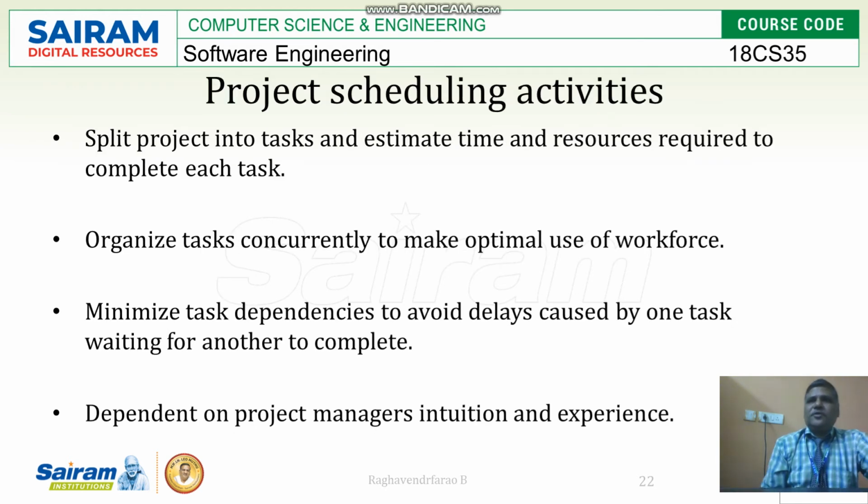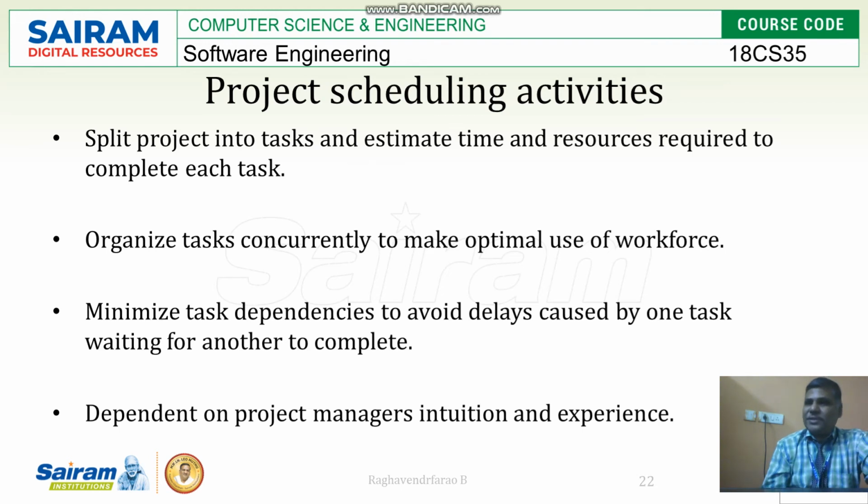The activity of scheduling is, again, he is going to split the project into a number of modules to complete that particular task. Arrange tasks concurrently to make optimal use of the workforce. It means that simultaneously it should be divided and given to everybody to work on that particular product, so that they can complete within the stipulated time.